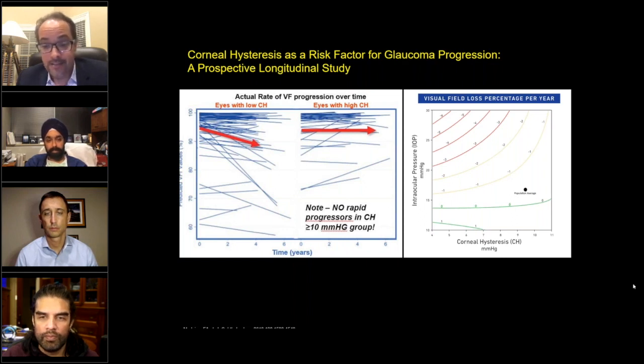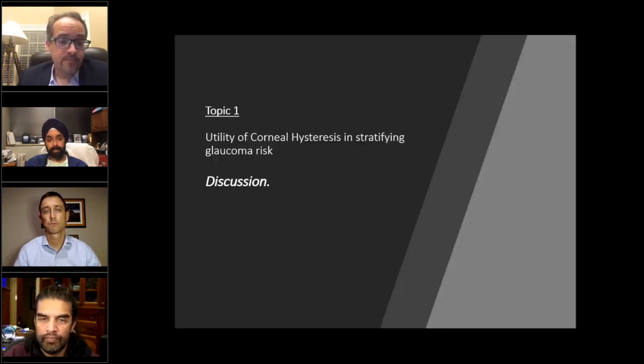If you had high corneal hysteresis, even when you had somewhat higher pressures, the rates were not particularly fast, showing that corneal hysteresis was protective. Again, this plot illustrates how the combination of low hysteresis and high pressure was quite detrimental and was present in those eyes with rapid progression over time.